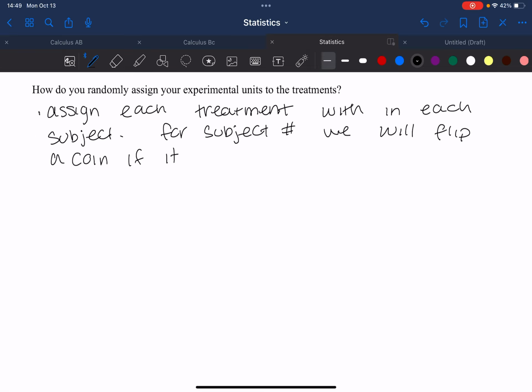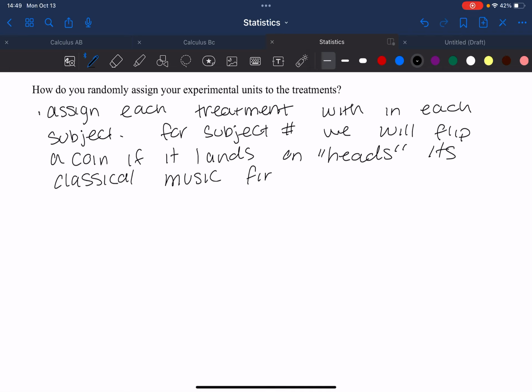If it lands on heads, it's classical music first, then no music.